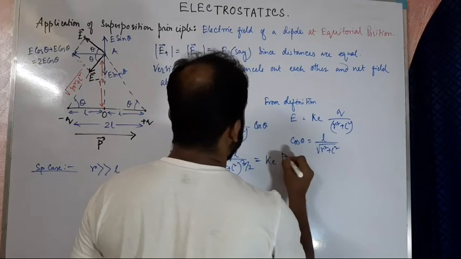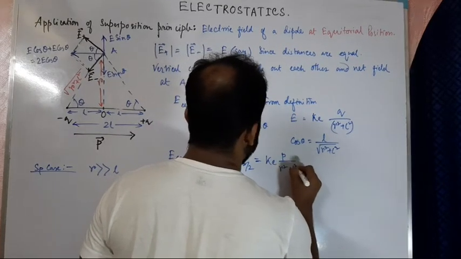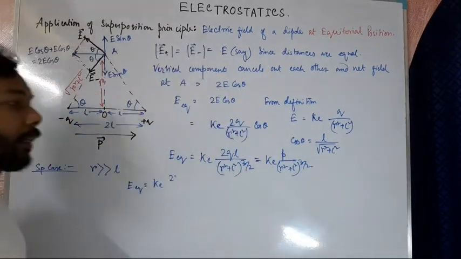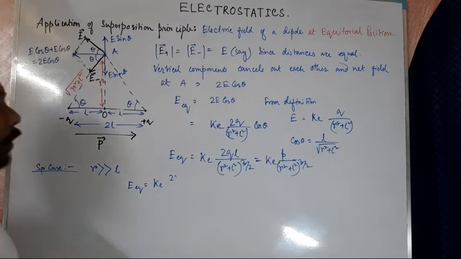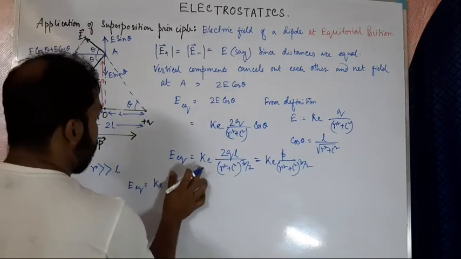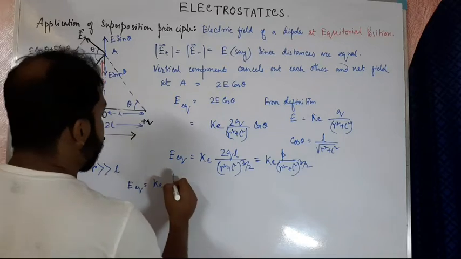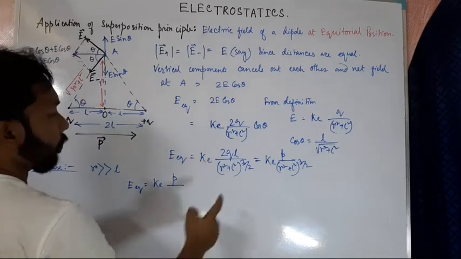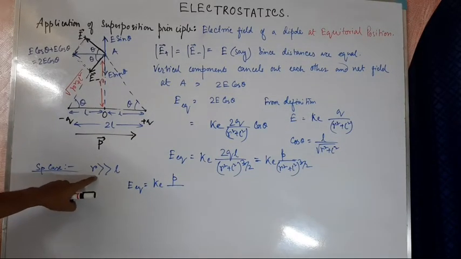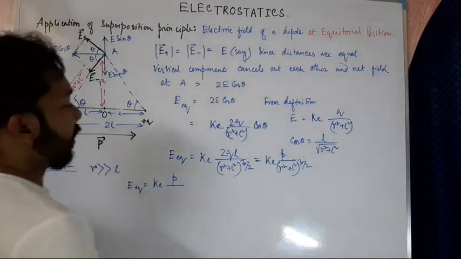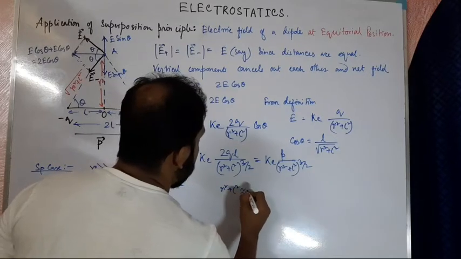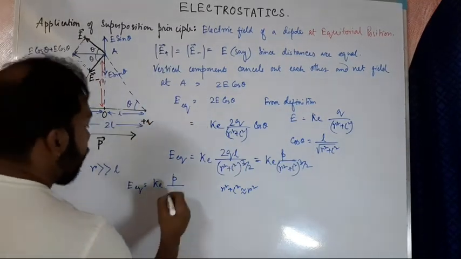So we can write p by R square plus L square whole to the 3 by 2. This p is a small p, not a capital P. Dipole moment is denoted by small p. Whenever we apply the limit R much greater than L, R square plus L square will be nearly equal to R square. So R square whole to the 3 by 2 will become R cube.